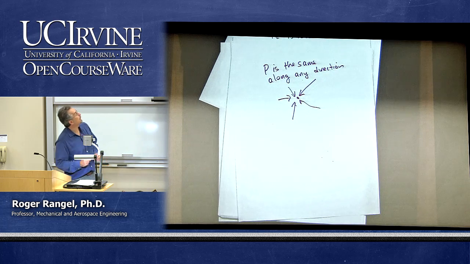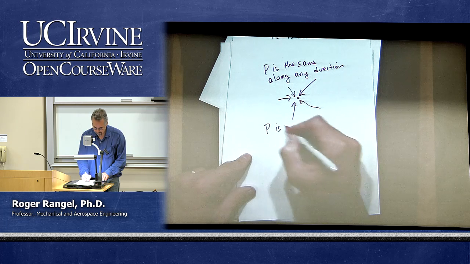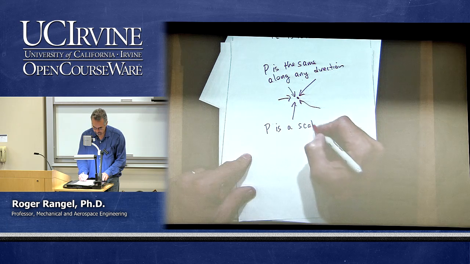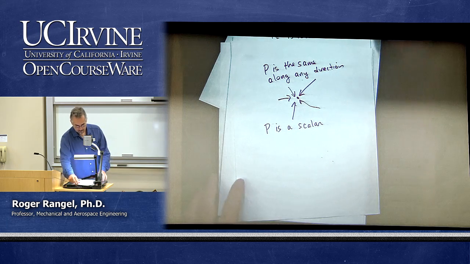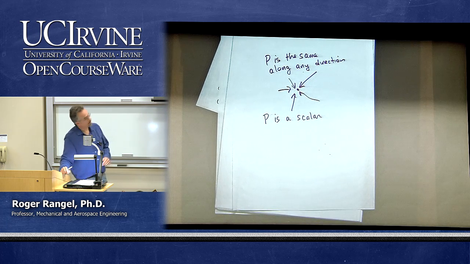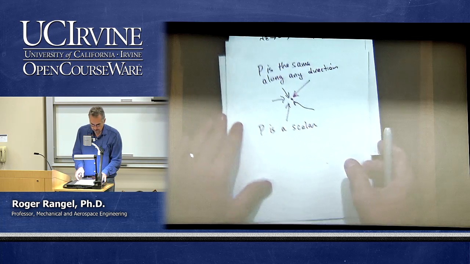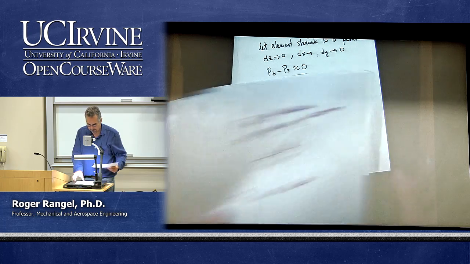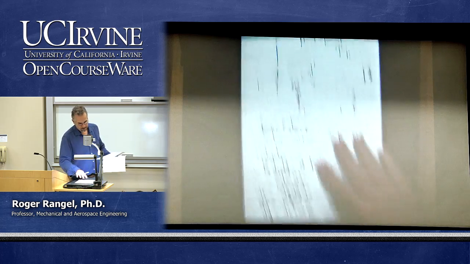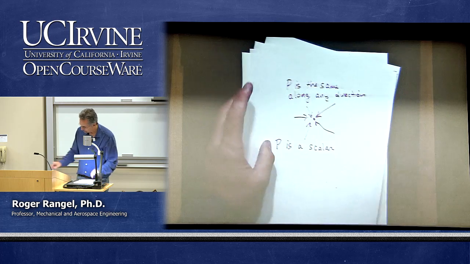And therefore, that's what allows us to conclude that the pressure is a scalar. Right? Pressure is a scalar. We don't have to make a distinction about the pressure being different in different directions. It's the same in all directions. So that we arrive at by doing this force balance on this particular shape of a fluid element.